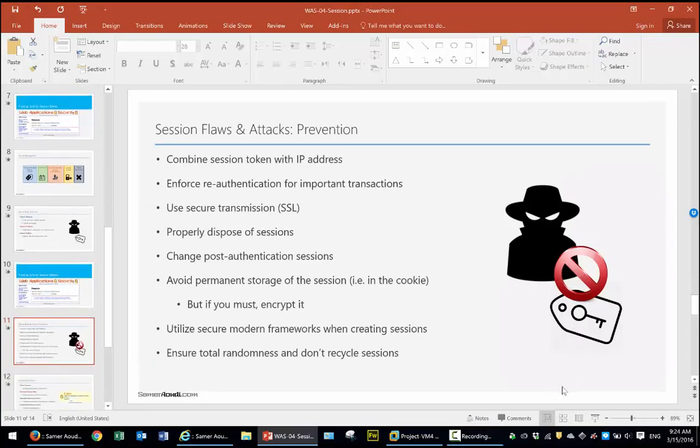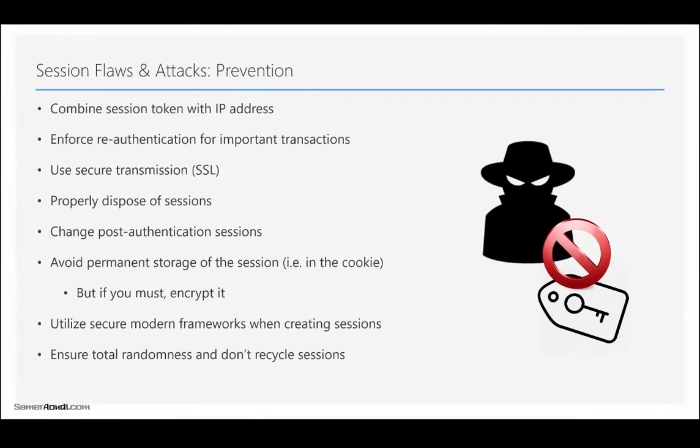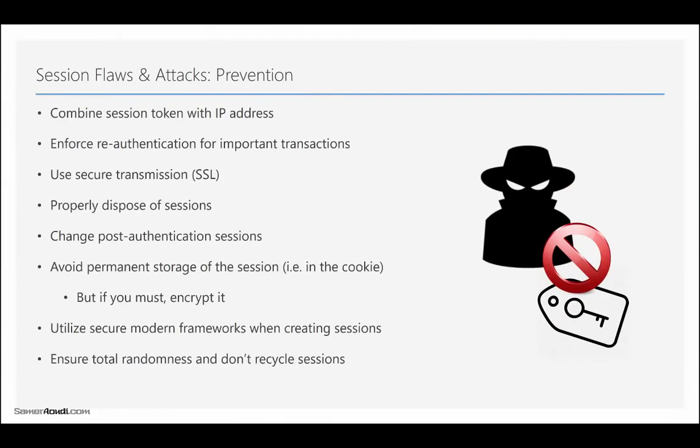And let's talk about how we can protect ourselves and our web applications against session flaws and attacks. There are some guidelines and best practices. Always try to combine the session token or ID with another way of identifying the user, such as the IP address.